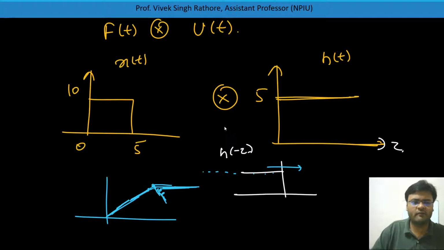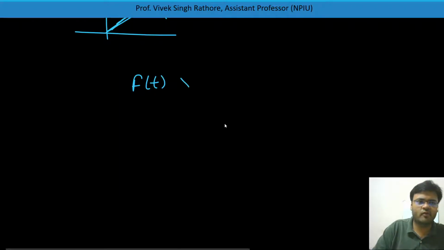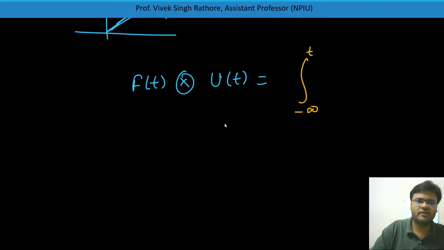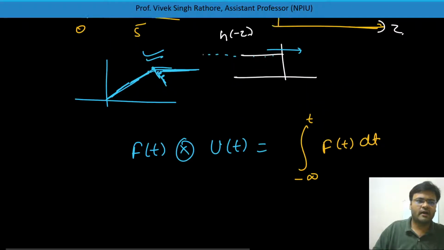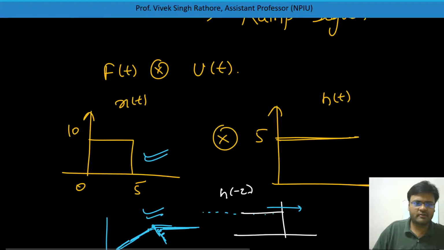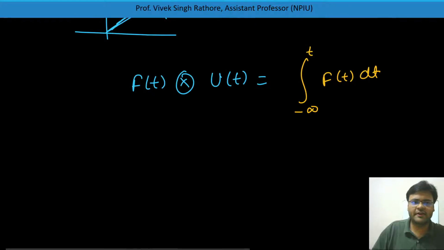So ultimately what is happening is that it is the integration of this signal. What I was about to tell you is that any signal convolved with a unit step signal is always the same as the integration of the signal f of t dt, up to whatever t you are at.